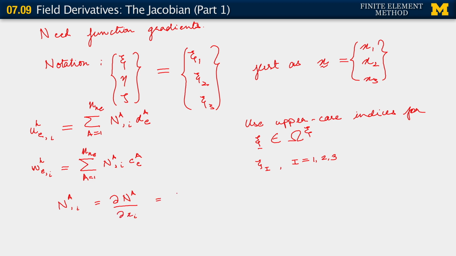We are going to write this as the partial of N A with respect to xi capital I, and using the chain rule we have this.